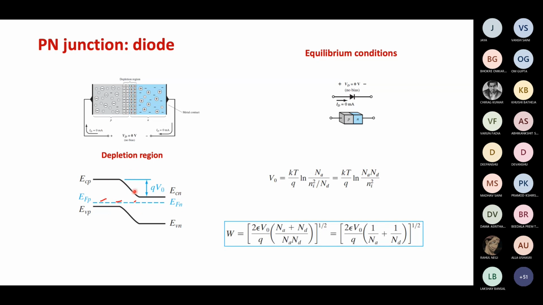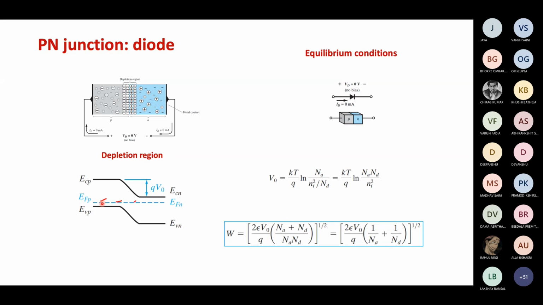Now, this is the equilibrium band diagram of the diode. As you can see, far away from the junction, far away from the depletion region, the Fermi level is quite close to the conduction band minima, and the number of electrons is huge in n-type material, which is what we expect. Similarly, on the p side, far away from the junction, the Fermi level is quite close to the valence band maxima, and the number of holes is huge.